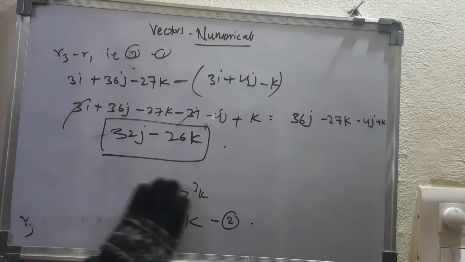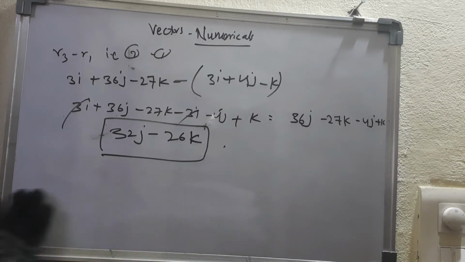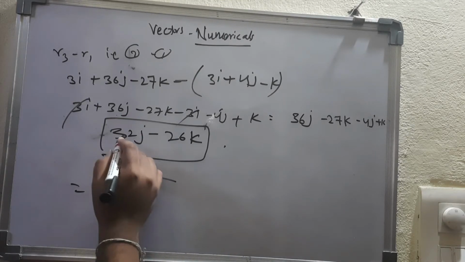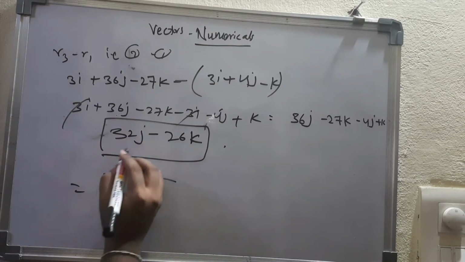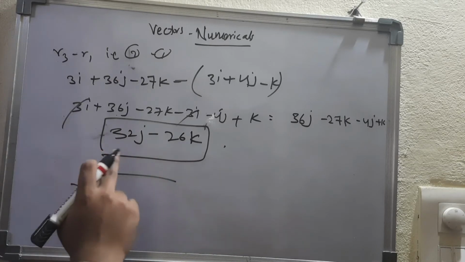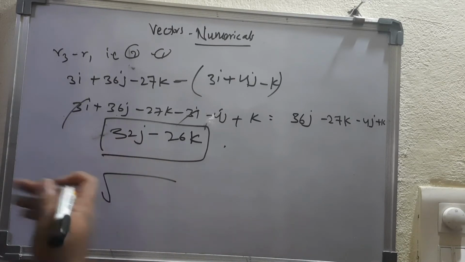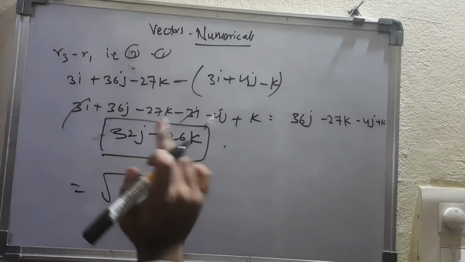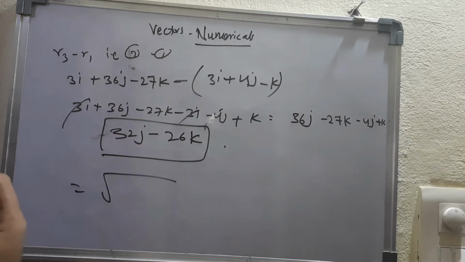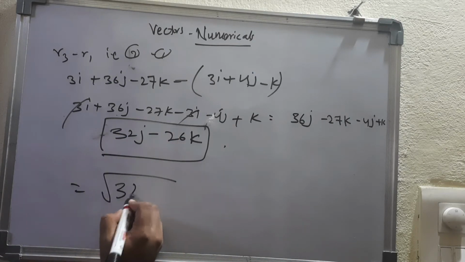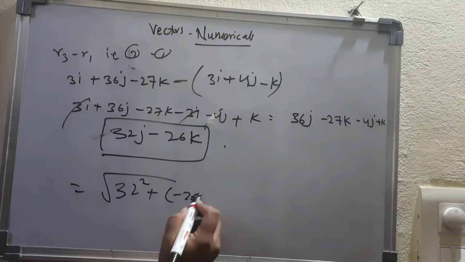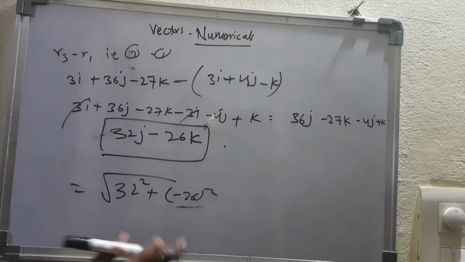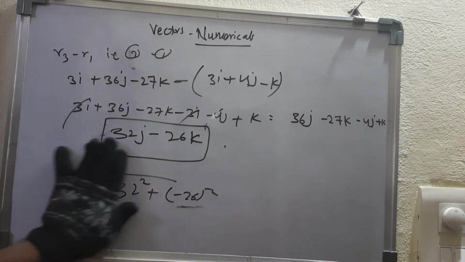Now if he asks for the magnitude of the displacement, we know the formula: a square plus b square plus c square. Here only two components are there, so b square plus c square, that is 32 square plus minus 26 square. Even minus becomes positive. Now add both and you will get the answer.